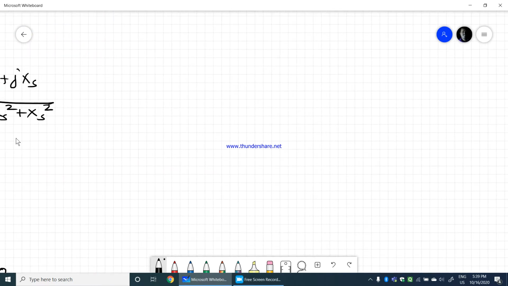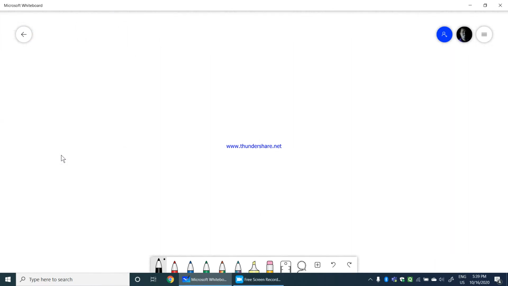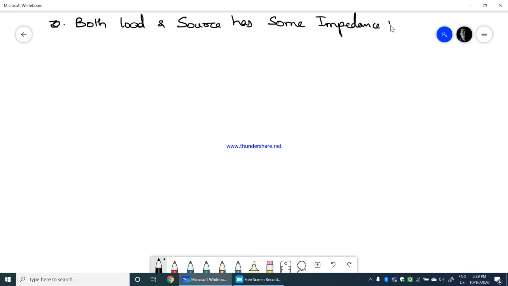Now coming to the third condition. In the third condition, both load and source have some impedance. So let us draw the diagram for this now.